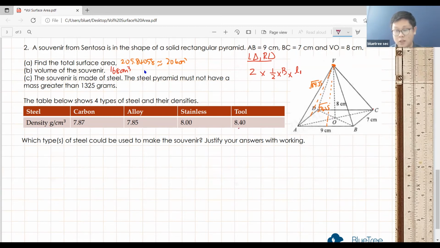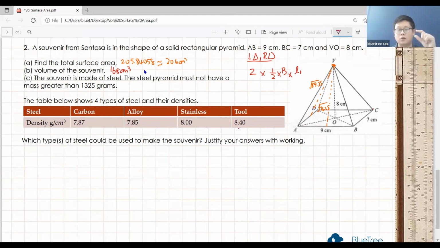Okay, so what density basically means is how much mass is condensed in the same amount of space available. So when you compare all of these 4 different types of metal based on a volume of 1 cubic centimeter, how much mass is stored in there, right?